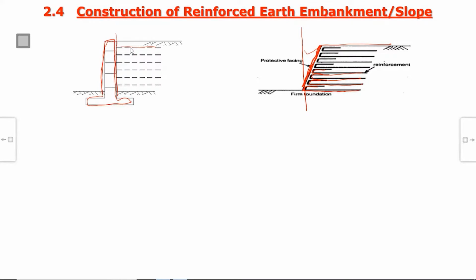We'll see this is actually not a wall, this is just a small facade. So this is the wall. This is a reinforced earth slope, and this is a reinforced earth wall.